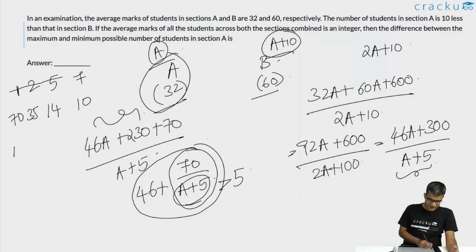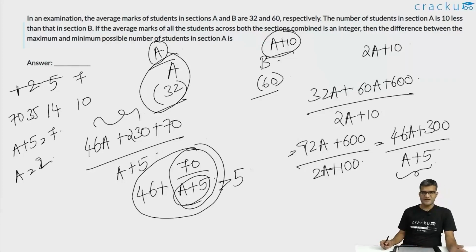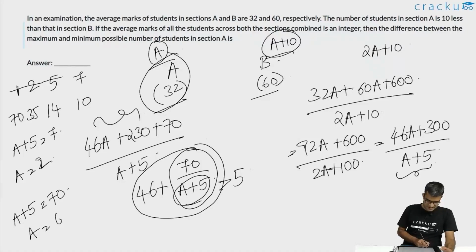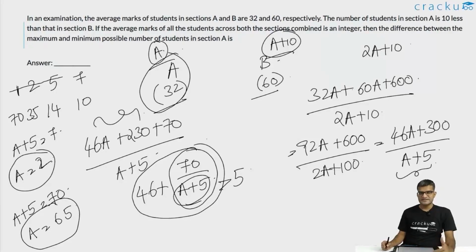So the smallest value of A plus 5 is equal to 7, in which case A is equal to 2, and the largest value of A plus 5 is equal to 70, in which case A is equal to 65. So the difference between the smallest value that A can take and the largest value that A can take is 65 minus 2, which is equal to 63.